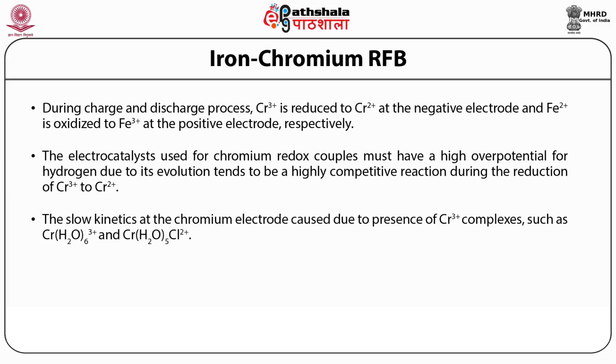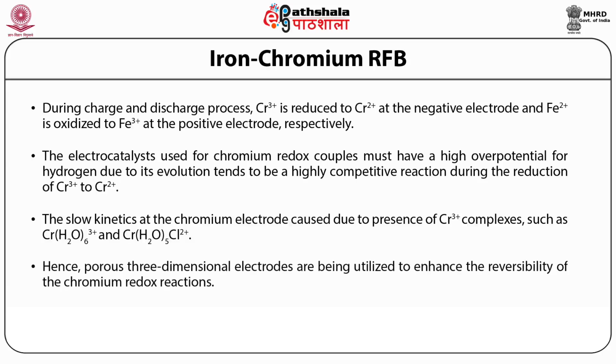The slow kinetics at the chromium electrode is caused by the presence of Cr3+ complexes such as [Cr(H2O)6]3+ and [Cr(H2O)5Cl]2+. These complexes show a slow attainment of equilibrium between them.